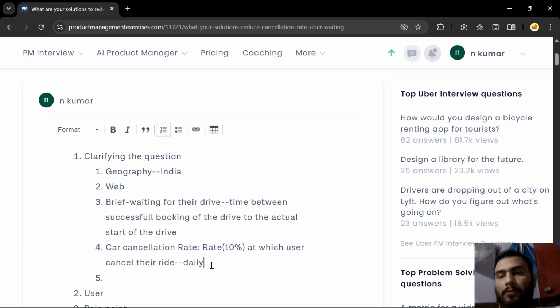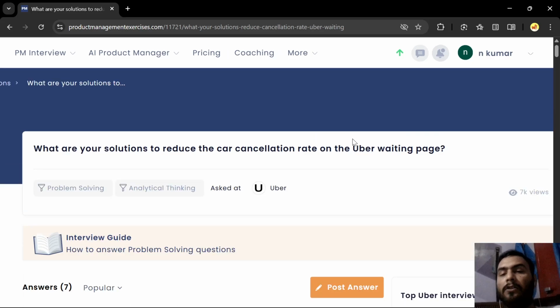Number of people who book the ride but do not actually start the ride. So 10% of users cancel the ride after booking the ride. The reason for canceling the ride could be anything, but today we are focusing on improving the waiting page.